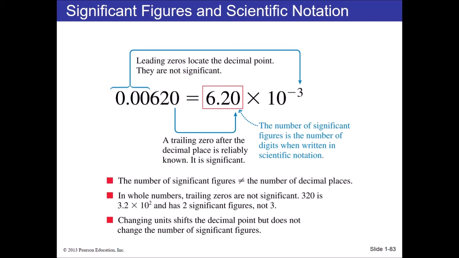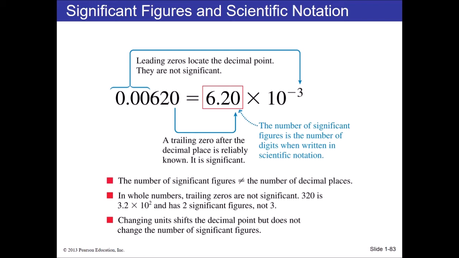6.20 times 10 to the minus 3 would be the number in scientific notation. The decimal point is moved from where it originally was to be between the first and second number. That is considered significant. And then your exponent on the power of 10 is however much you had to move the decimal point.